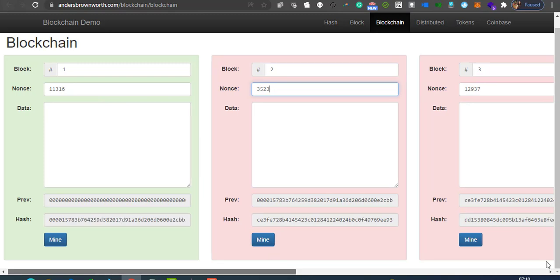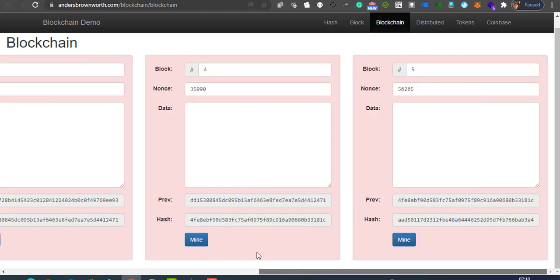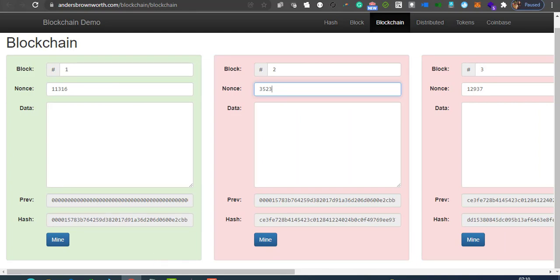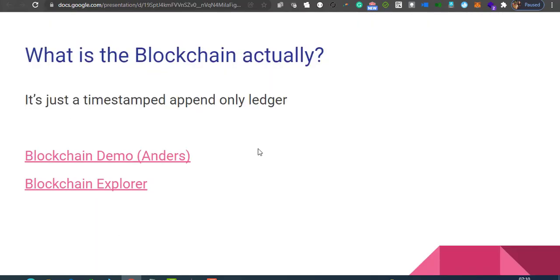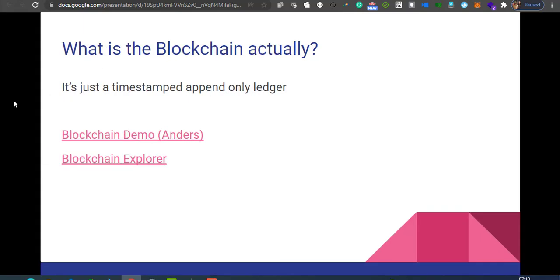We'll see what this means and what the reasons behind it are. But in a nutshell, a blockchain is nothing but a time-stamped, append-only ledger, which means that every block has a timestamp attached to it, and you can only append entries to it. You cannot really go back and change the entries.